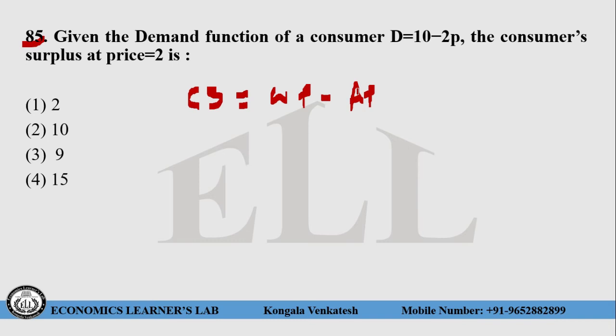This is the formula for consumer surplus. When you do integration of the demand equation with respect to the output, then you will get the willingness to pay, the total willingness to pay.